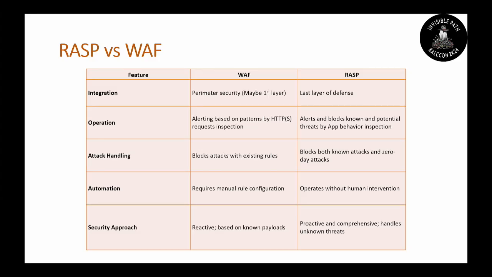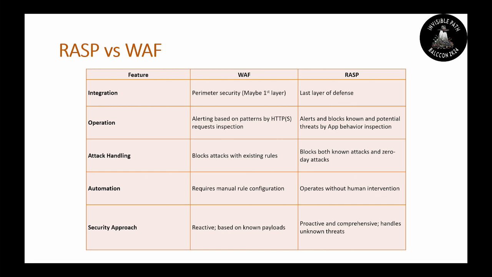And RASP versus WAF as well. WAF is kind of primary security, almost the first layer of security. Like me as an outsider or user, I will definitely interact with your WAF first, but RASP is kind of the last layer of security and last layer of defense.